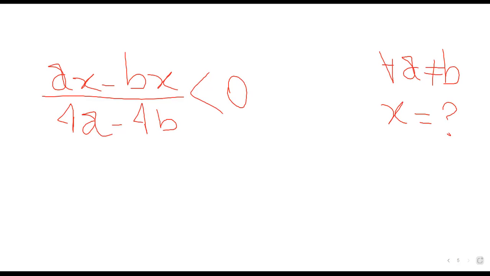Multiply both sides by this, then you get a minus bx and 4a minus 4b. I'm sure you are doing something. If you are stuck, you must call me.